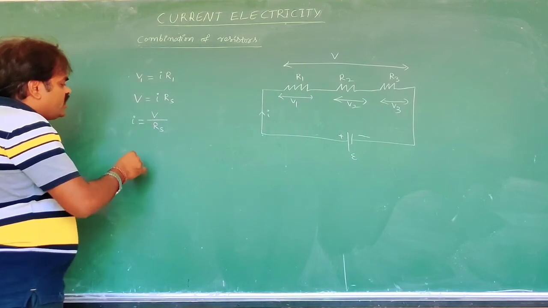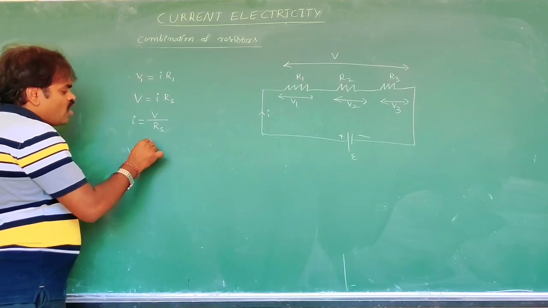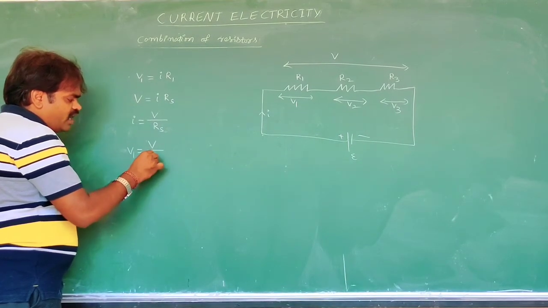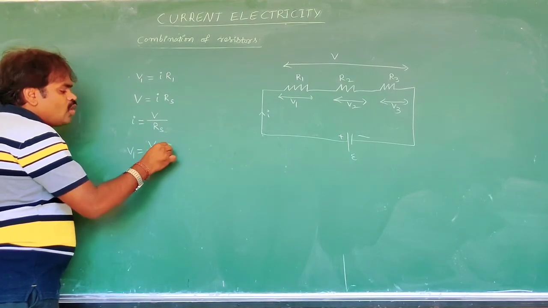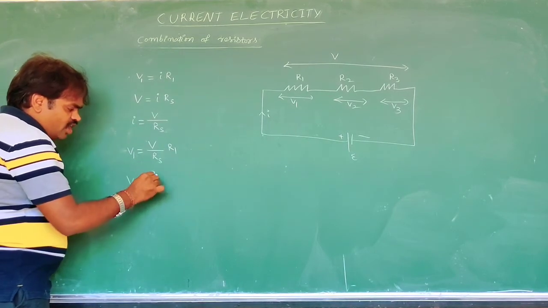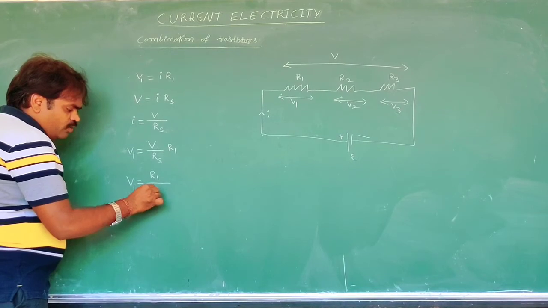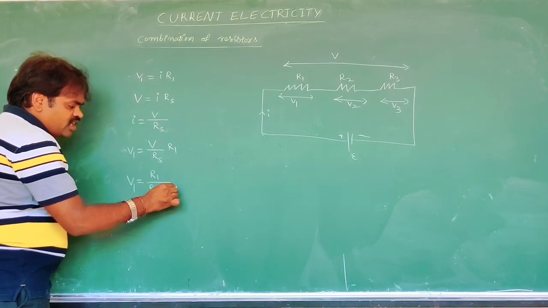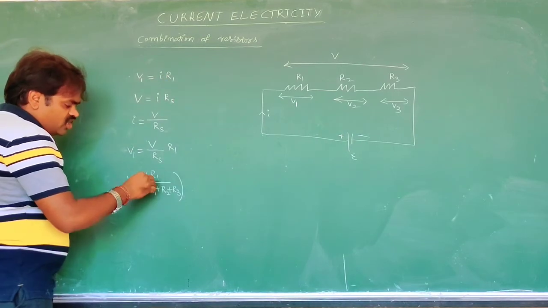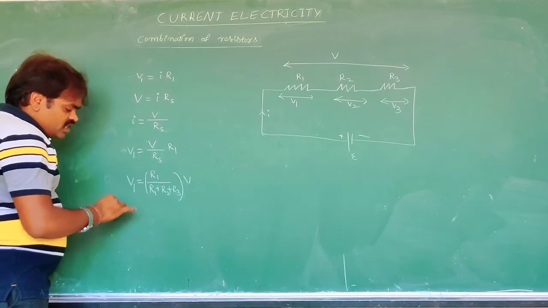Substituting, V1 is equal to V by Rs into R1, so V1 is equal to R1 by R1 plus R2 plus R3, because there are three resistors in series, into V.